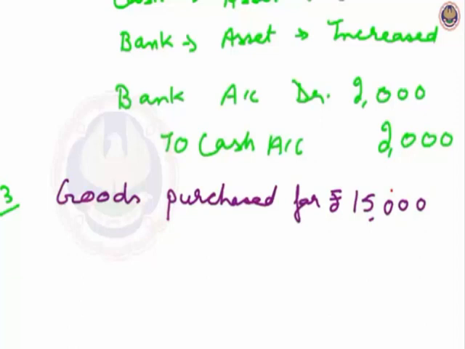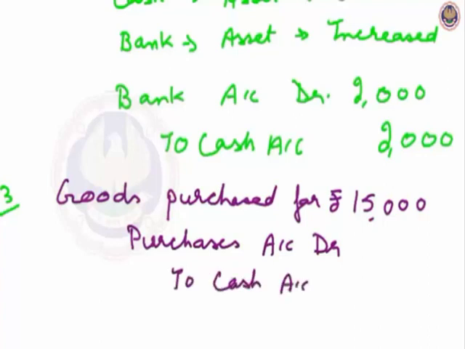Whenever there is an increase in expense, the account is debited. So we debit purchases account. And goods are purchased for 15,000, so it is obvious that we are paying 15,000 in cash. Cash is an asset, and when an asset decreases, it is always credited. So purchases account debit to cash account, 15,000.